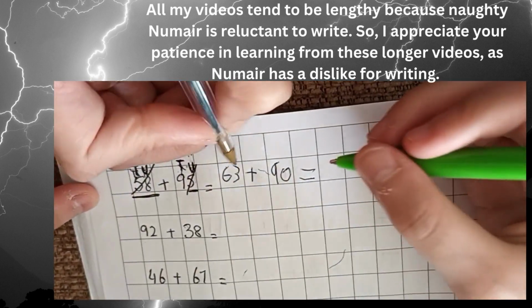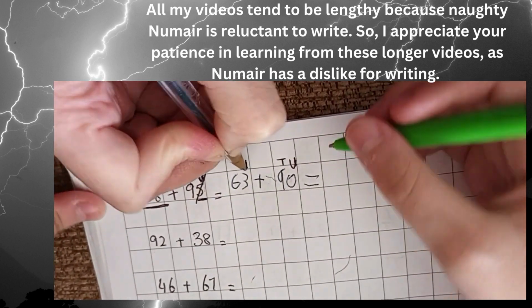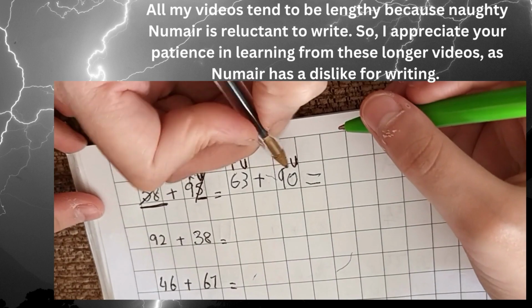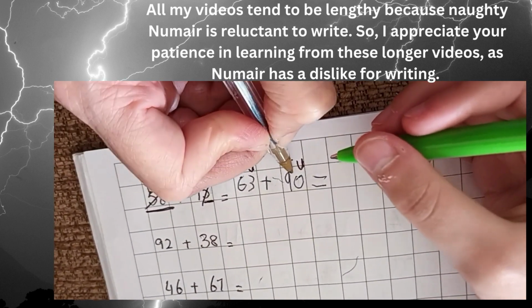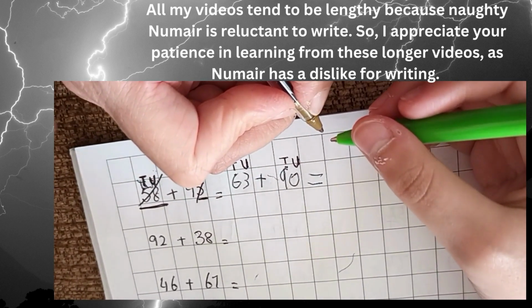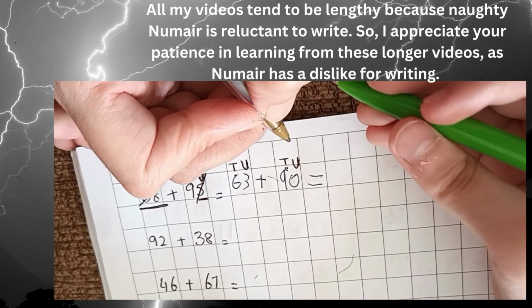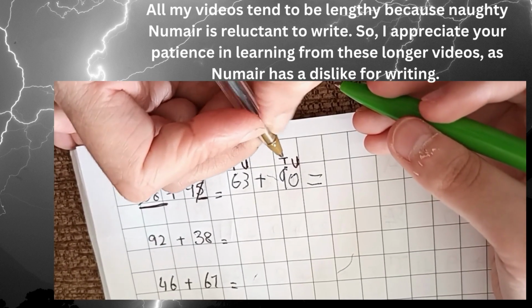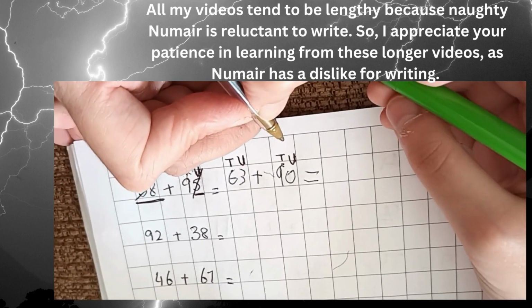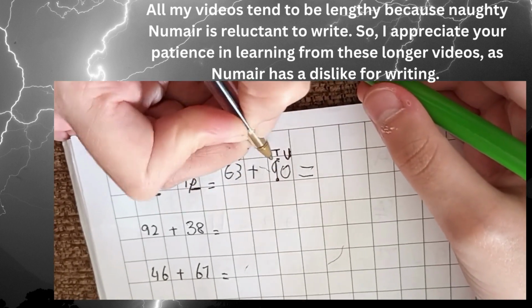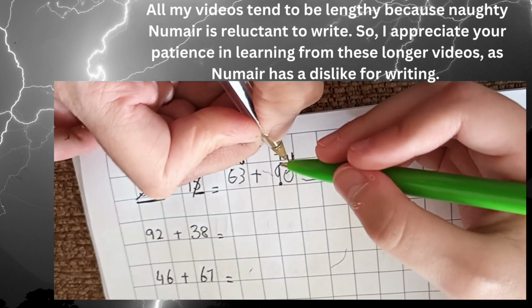Now what have we got here? We got unit, tens, unit, tens. Okay, so look here, we got 90 here, and this is 60. So 60 add 90 makes 150.